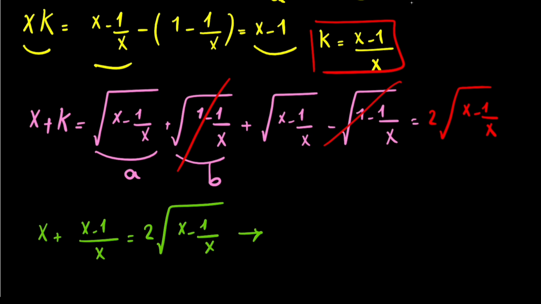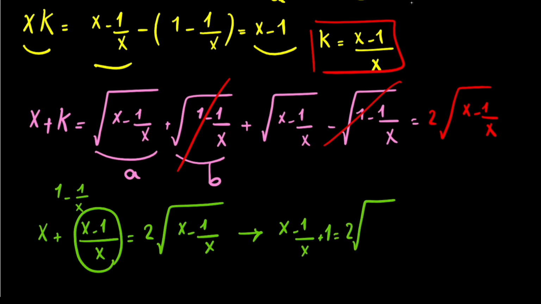And here we go. What can we do here? If you look at this one, you can write it as 1 minus 1/x. So that's really nice. Why? Because we can write it as (x minus 1)/x plus 1, that's equal to 2 times the square root of (x minus 1)/x.